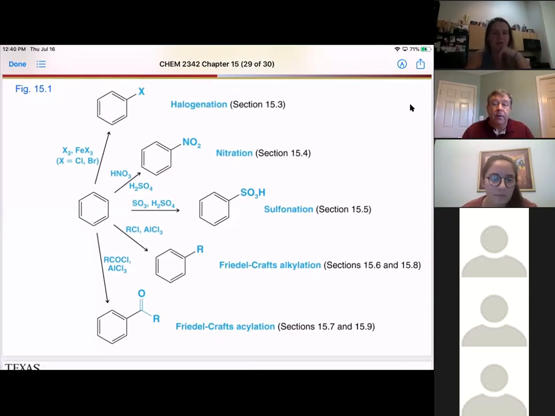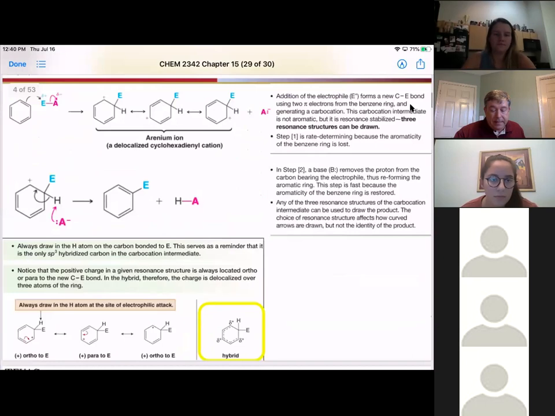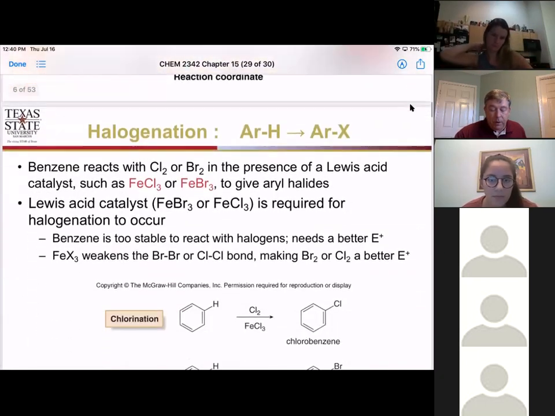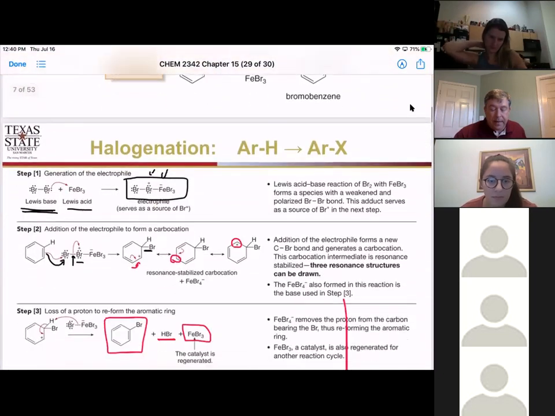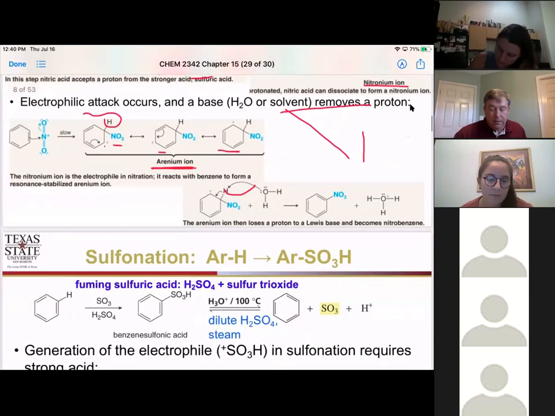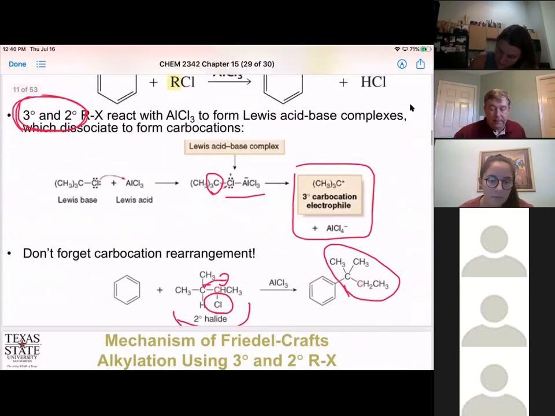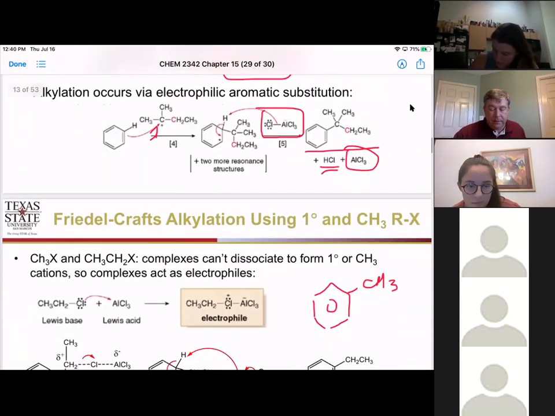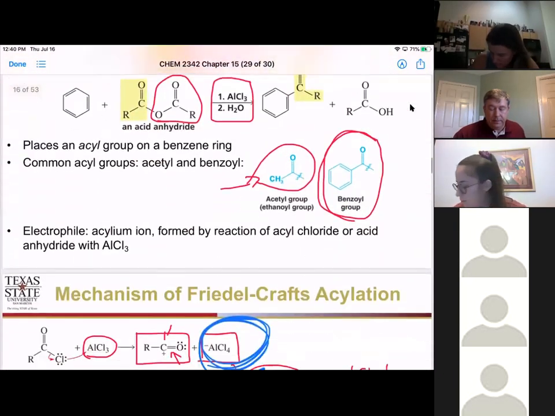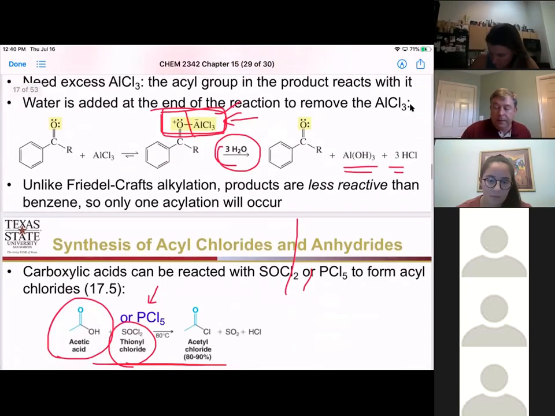The second thing I want to draw our attention to is that series of electron withdrawers and electron donators and how they affect our reactivity, okay? And that is summarized on this slide here. There we go, this one right here, okay?